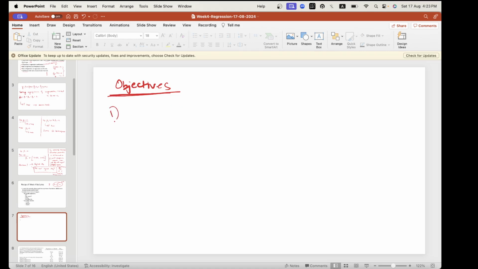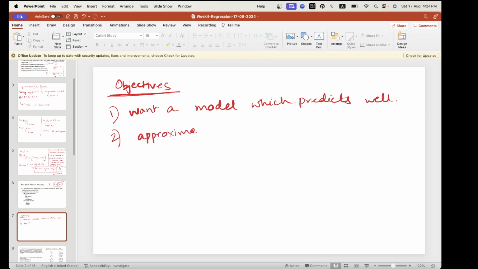The first thing is, we want a model which predicts well. The second thing is, this model should approximate the true relationship between the variables.